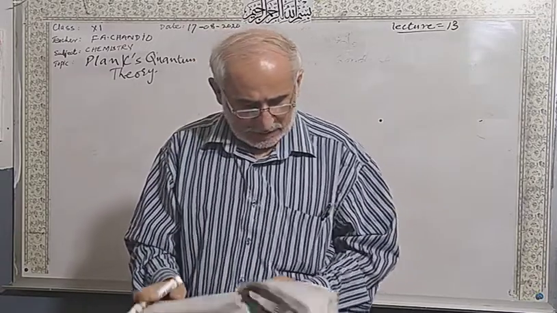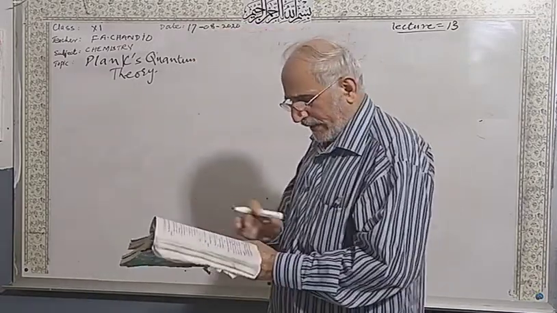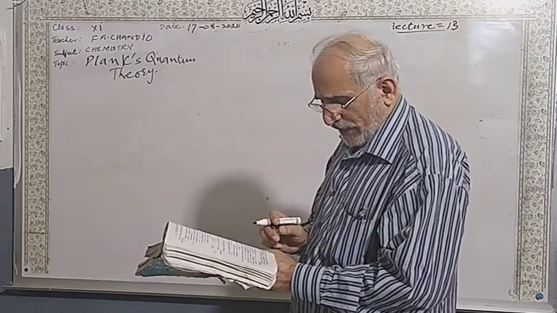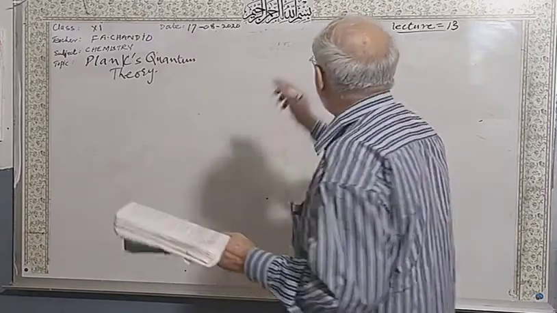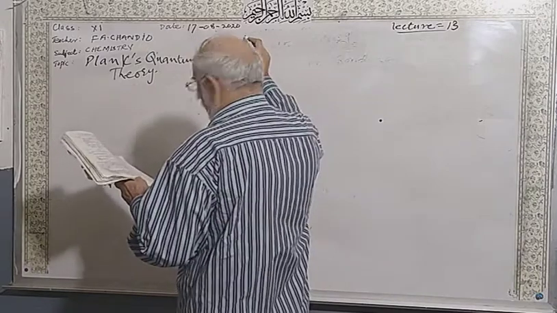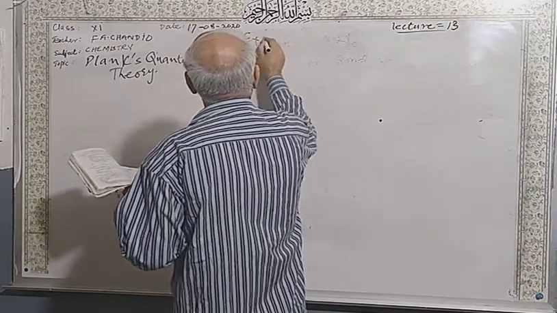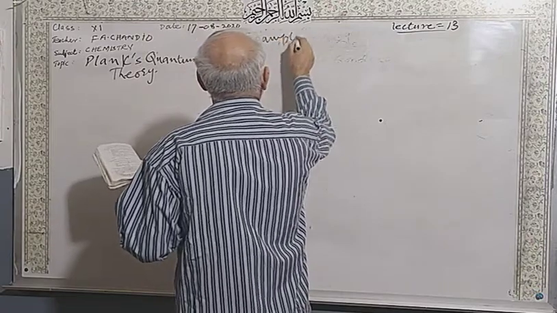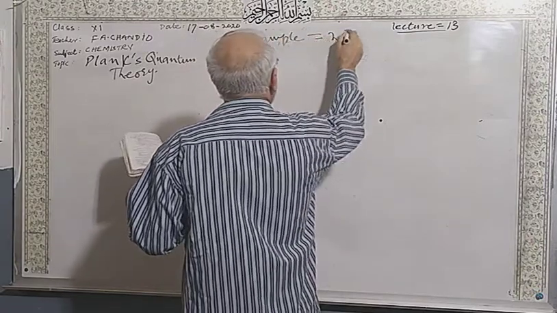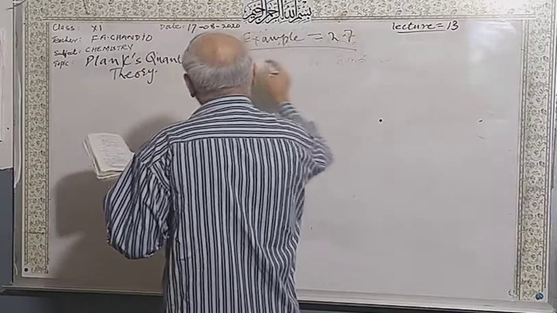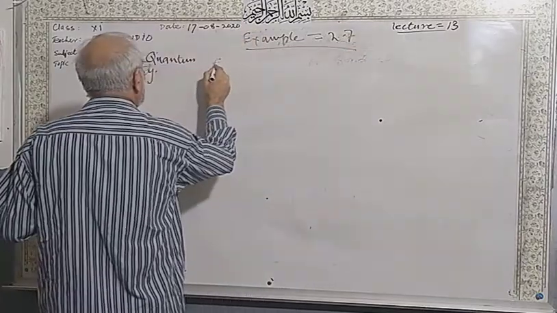So students, example number 2.7 in my book. A photon of light with energy.